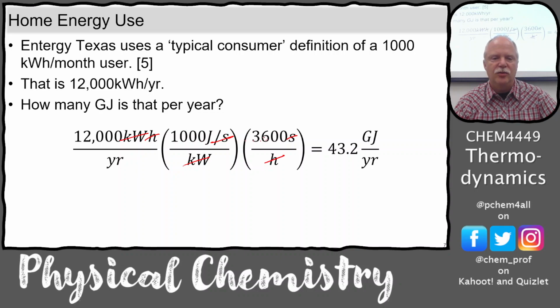And so that gives us joules. And then you've got a couple of powers of 10 here, or powers of 10 to the 3. So we've got 1,000 here, 1,000 there, and 1,000 here. So that's a billion right there. So that's the giga. So it's 43.2 gigajoules per year.